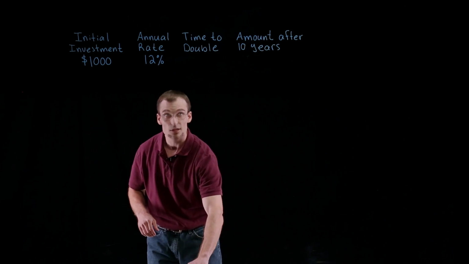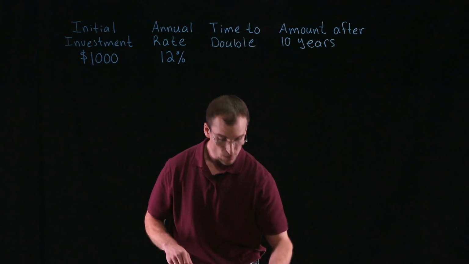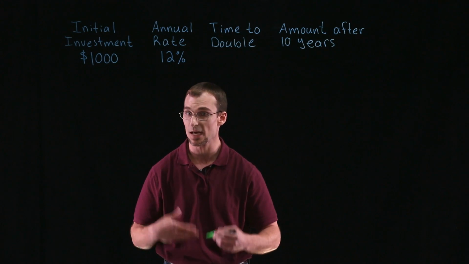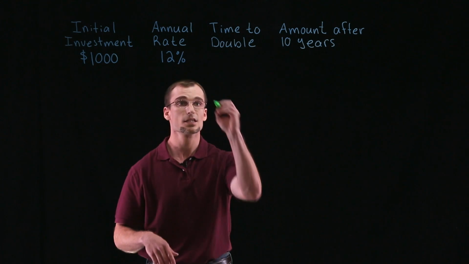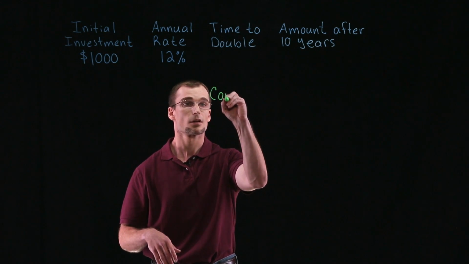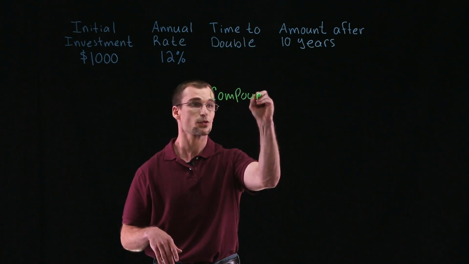So to get started, let's review just a little bit. We've been talking about differential equations and exponential growth and decay, but we've seen maybe in previous courses compound interest.